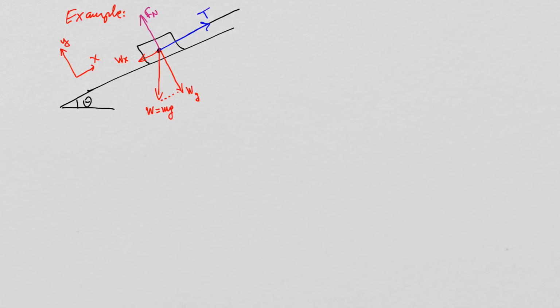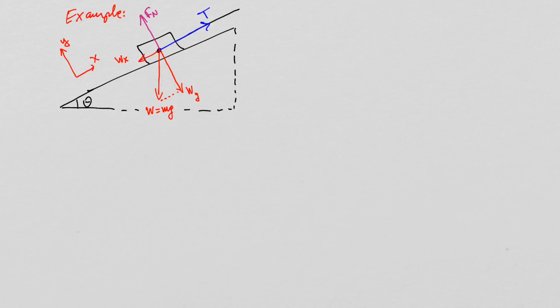Okay, so if you look at the incline and the ground, this forms a right triangle. And this right triangle is similar to that right triangle.